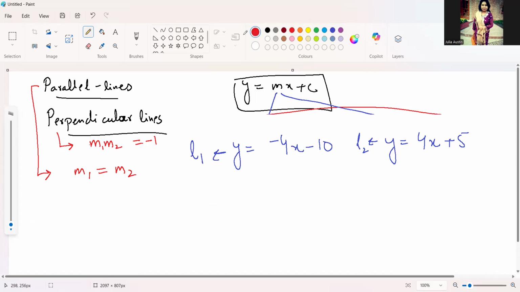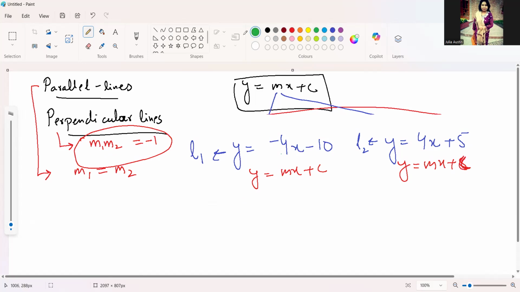So now, for the product, I need to use this condition to prove that the lines are perpendicular. So I need to compare this again with y = mx + c, and I need to compare this with y = mx + c.